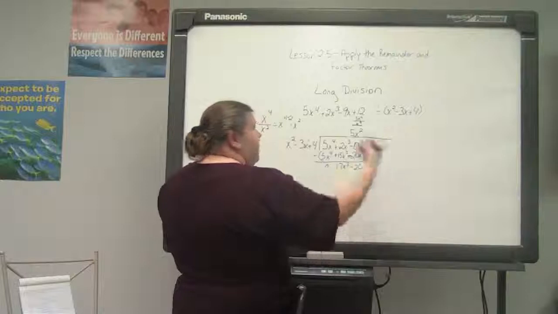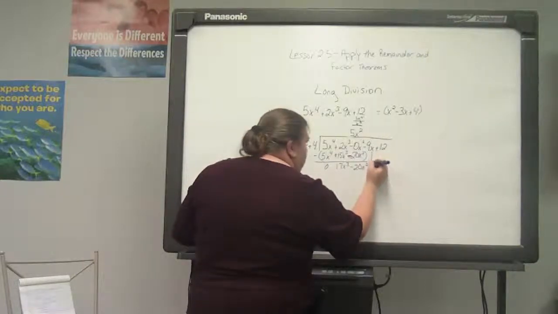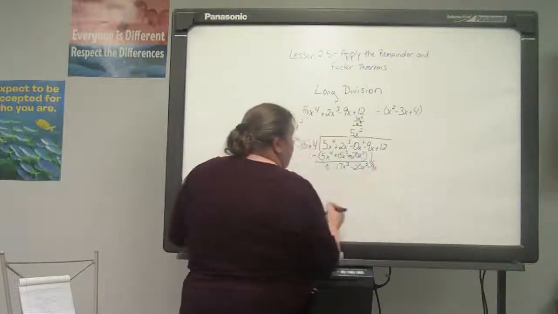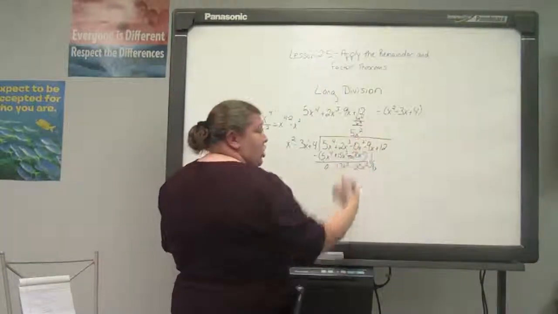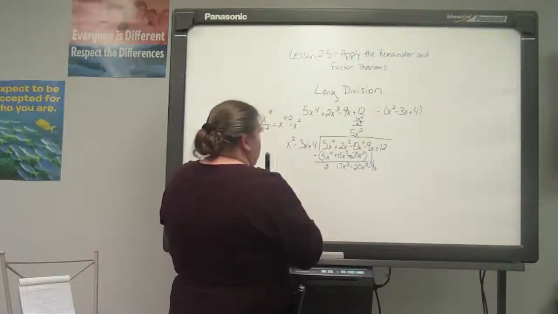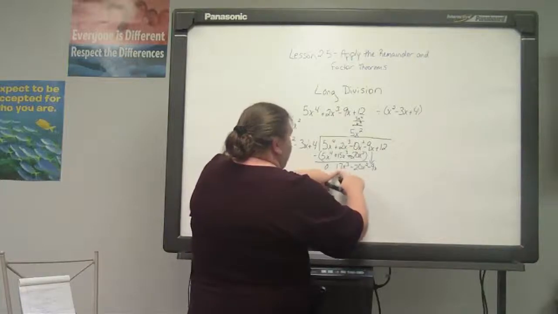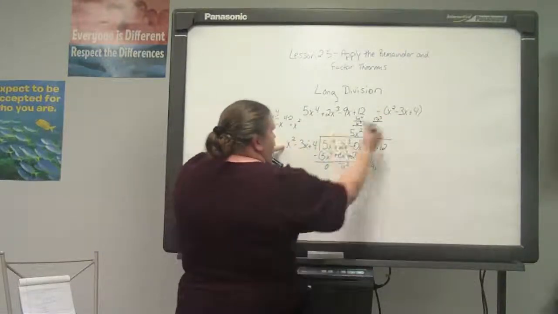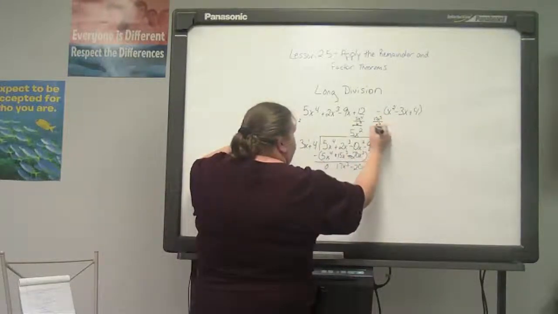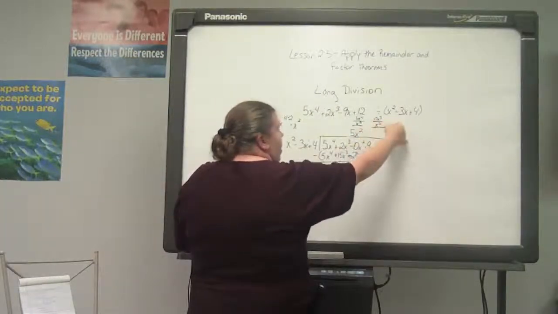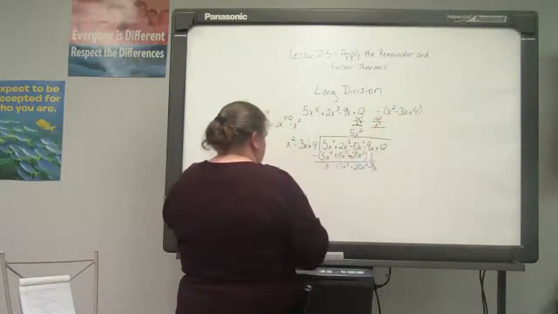And then again, like a previous division, we bring down the next number. Because right now we're working with terms, we have to bring down the next term. So now again, we look at the 17x cubed, dividing it by x squared, and we're subtracting our bottom exponent from our top exponent.